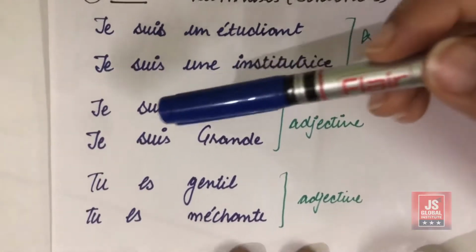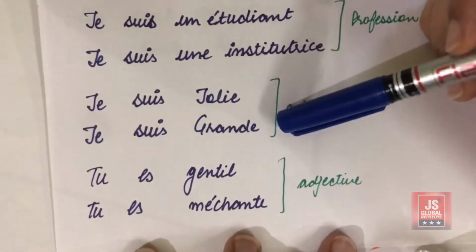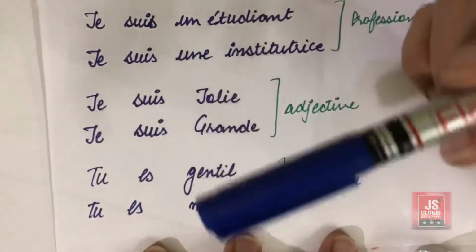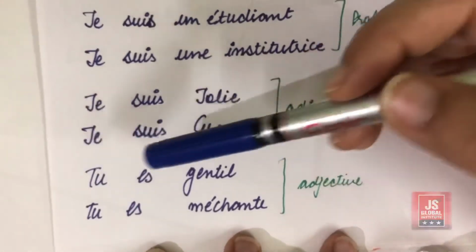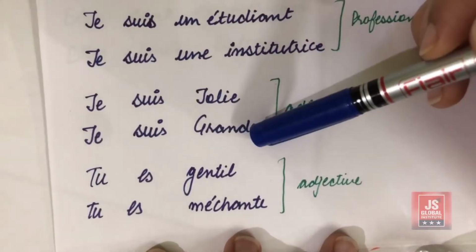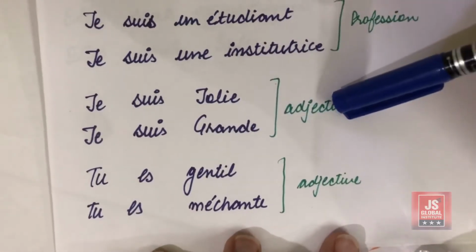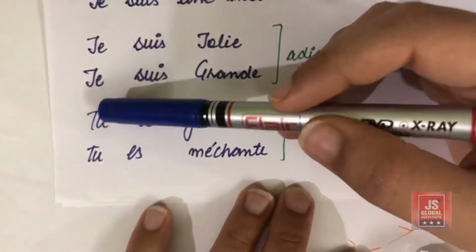Okay, next is je suis grande. Je suis grande. So here je means I, suis means the conjugation of être. In English, this is I am big, okay, this is grande, and grande is what? Adjective.